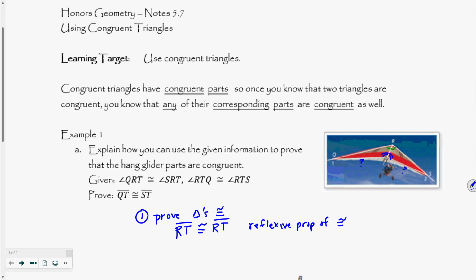Okay, so that's the reflexive property. So now I can say that the 2 triangles are congruent because I have angle side angle. So I can say here that triangle QRT is congruent to triangle SRT.